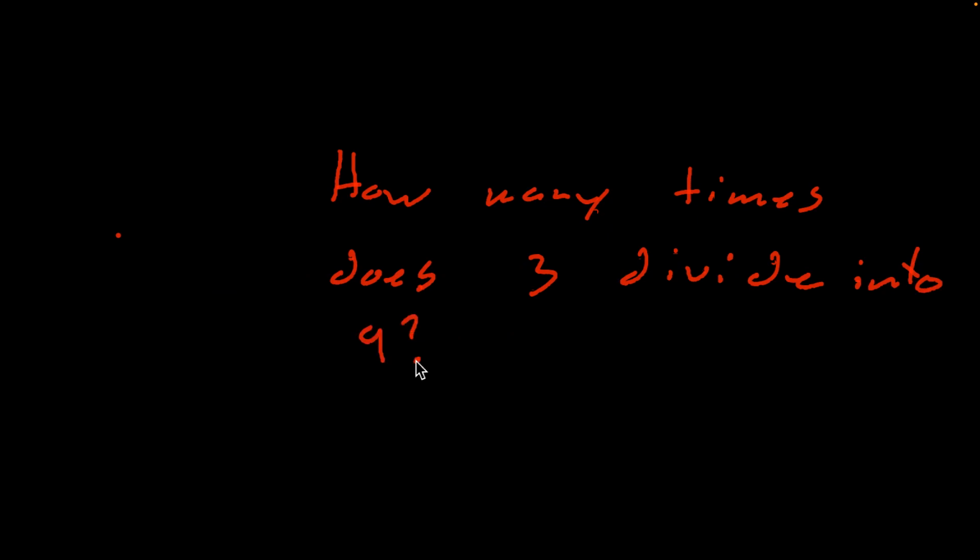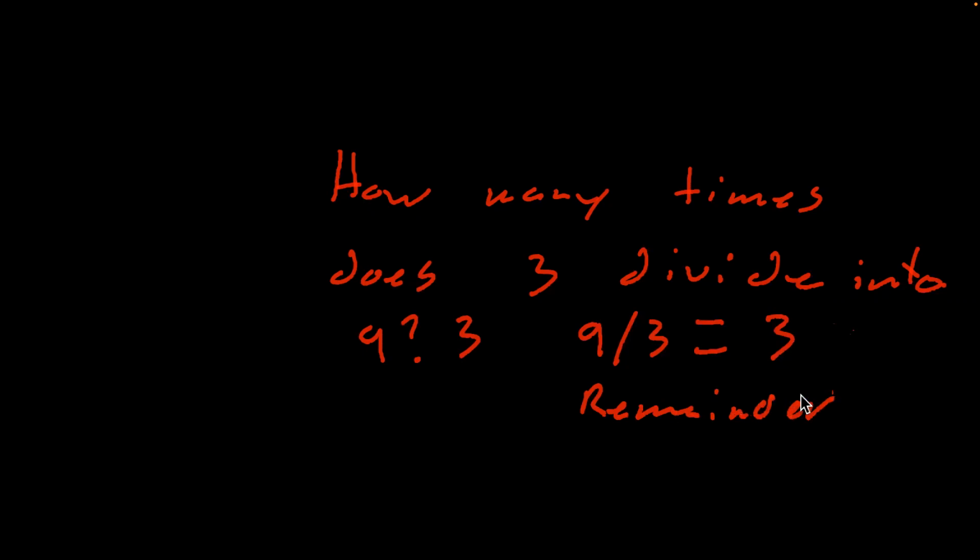How many times? 3, right? 9 divided by 3 equals 3. And after 3 divides into 9, how many remaining digits are there in that division? 0, right? 3 divides into 9 evenly. So it divides into it 3 times, and the remainder is 0.